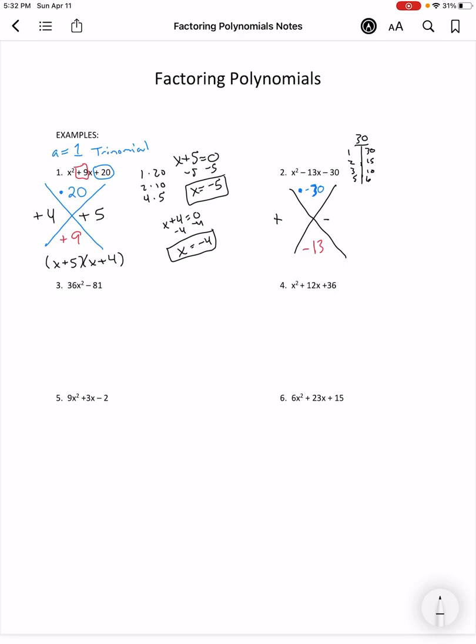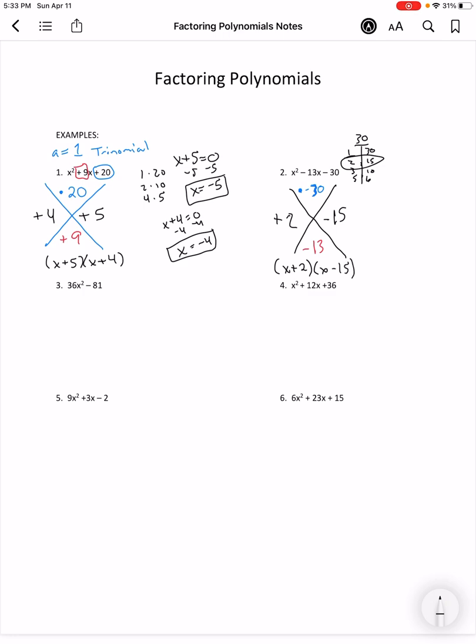So I know that I need to use 2 and 15, and now the second part becomes which number needs to be negative and which positive. Since my bottom number is negative, I want the larger of the 2 to be negative. So it should be x plus 2 and x minus 15. So again, my factored group would be x plus 2 in parentheses and x minus 15.